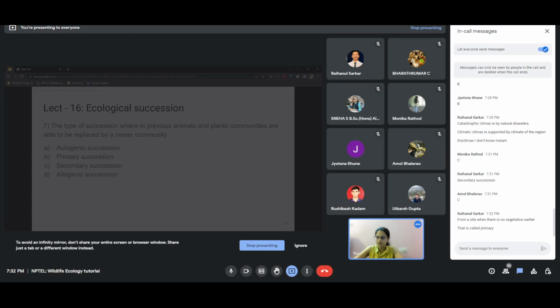What is this driven by? Succession driven by what is known as autogenic succession, and succession driven by what is known as allogenic succession. This is all in your post notes.